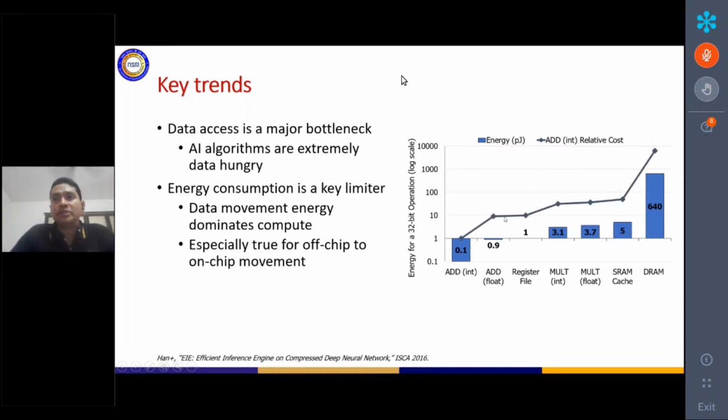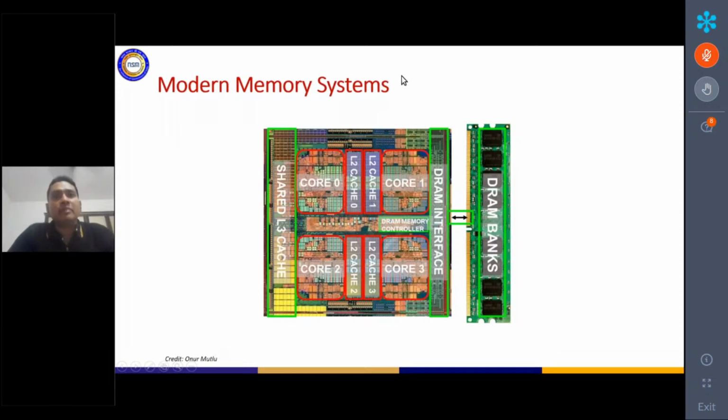Now, this is the trend that you can see here, but what needs to be done? So modern memory systems employ the L2 caches, the L1 caches inside the core itself. So in these cores that you are seeing here, core 0, core 1, core 2, core 3, inside these cores you have L1 cache.